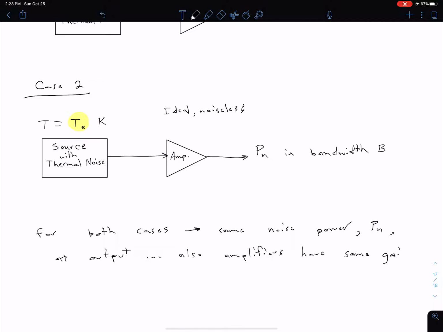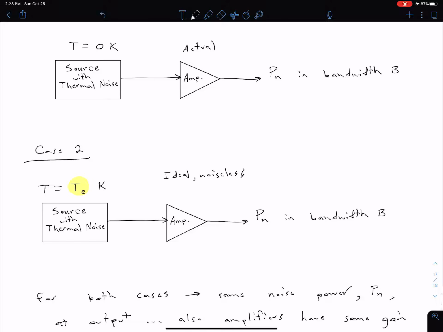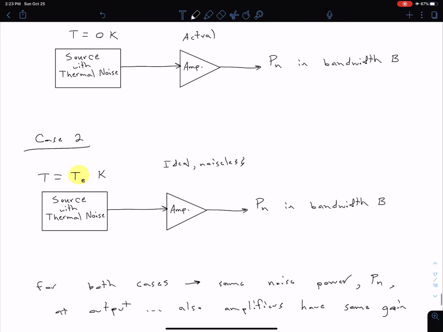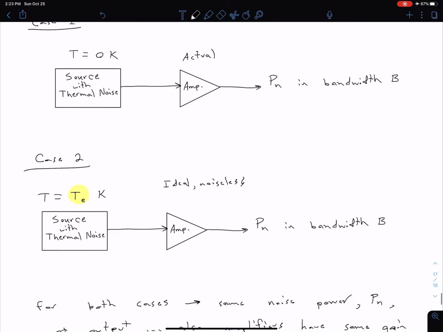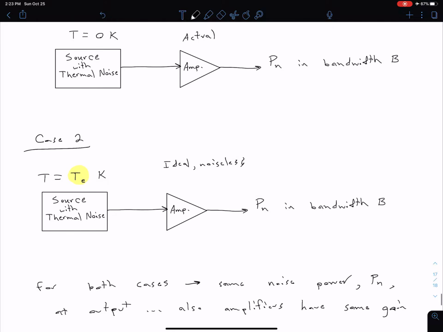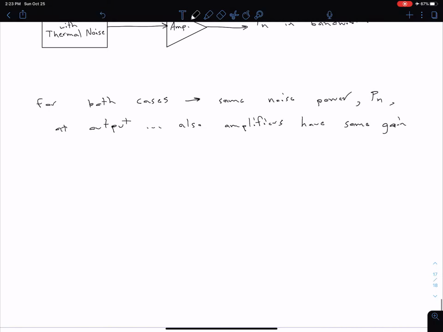So we're not changing anything other than saying that in case 1, the amplifier is actual, introducing some noise, and in case 2, it's ideal, so we don't have any noise in there. Again, in case 1, we're essentially dropping the source temperature to 0 Kelvin. Of course, this is a thought experiment. This isn't something that we can practically do.